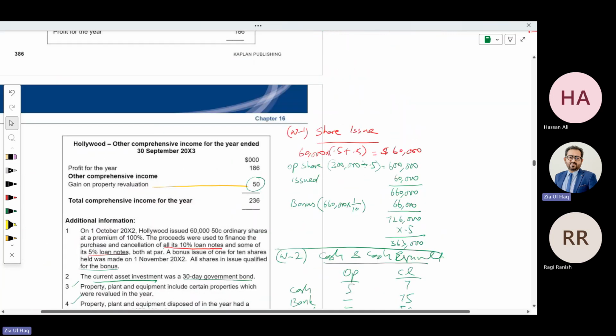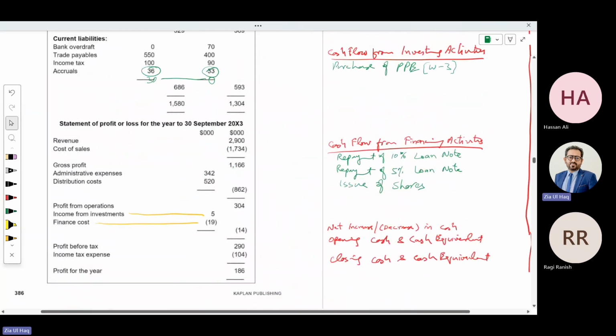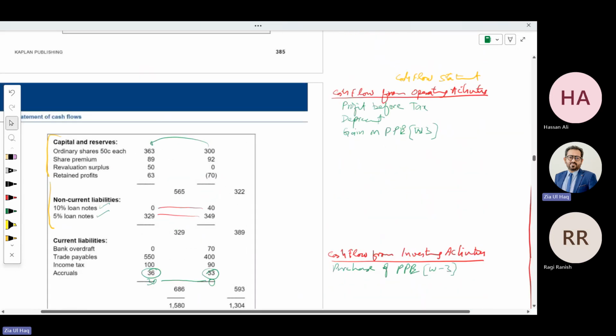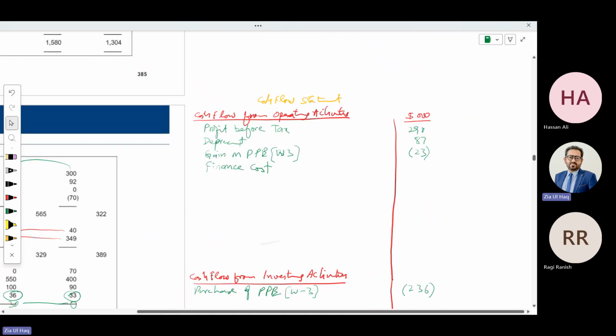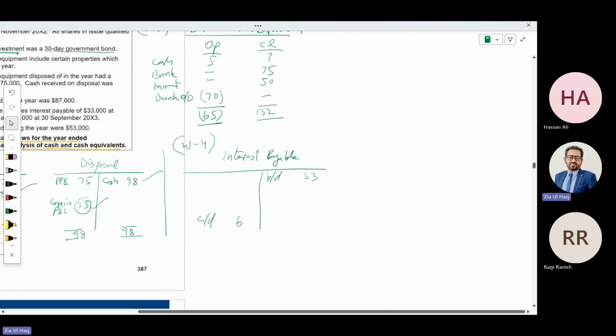Is there any finance cost available in the P&L? Yes, 19. This 19 we need to add back here as well. In P&L it is recorded as an expense, so debit. Here we record in P&L a charge of 19.